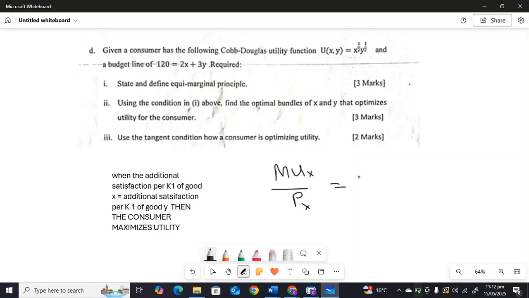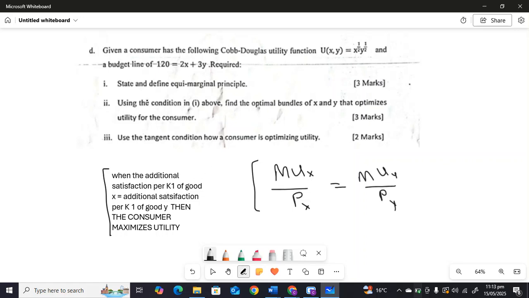So this is the condition for the equi-marginal principle. All right. So we've defined it: when the additional satisfaction per one quadrant for all goods is equal, then the consumer maximizes satisfaction, and we've written it down here.